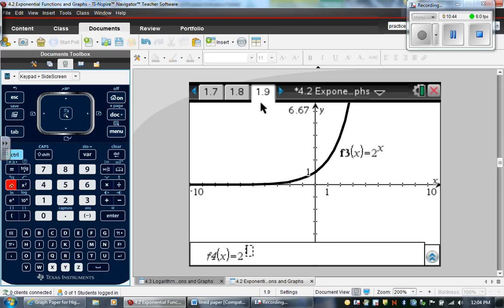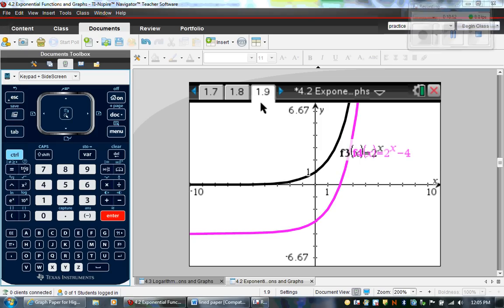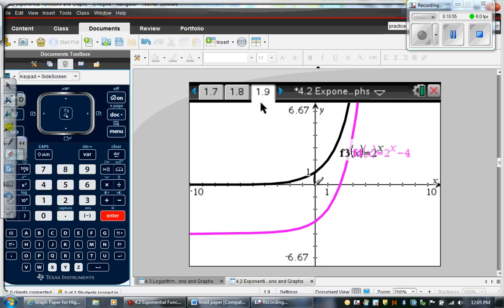And we've got 2 to the x minus 4. Now, if I'm correct, it's going to shift down 4 units, which it did. 1, 2, 3, 4 units down. Okay. So now the point 0, 1 has become 0, negative 3. It changes the y value.